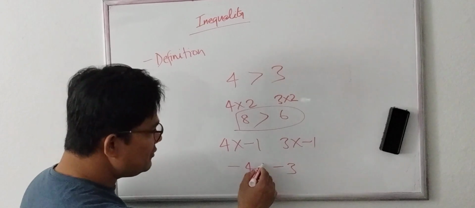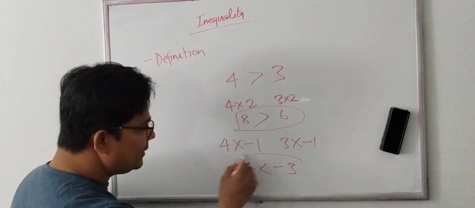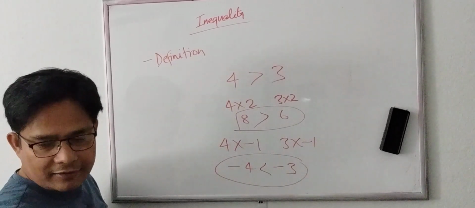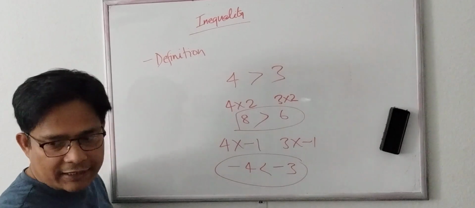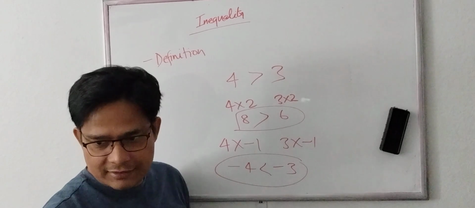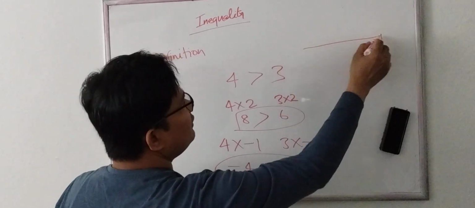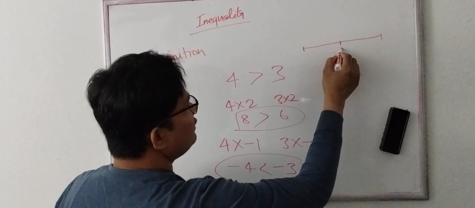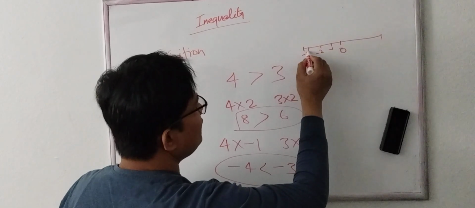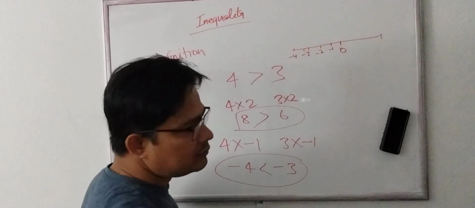Yes. -3 is bigger than -4. You know why? You learned when we were discussing negative numbers why -3 is bigger than -4. Do you remember? So it's like here. Let's go back. This is 0. This is -1, -2, -3, and -4.